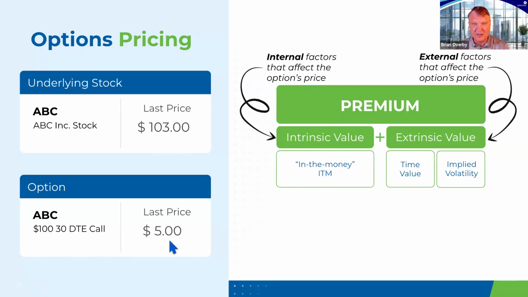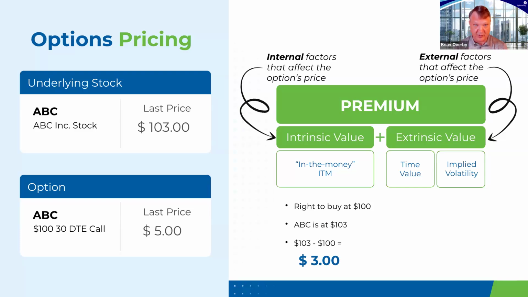But there's also $2 that's remaining in that, and that price is considered time value of the option contract. So we have the right to buy at 100. ABC is at 103. 103 minus 100 means that $3 of this $5 premium is intrinsic value, or in the money amount.